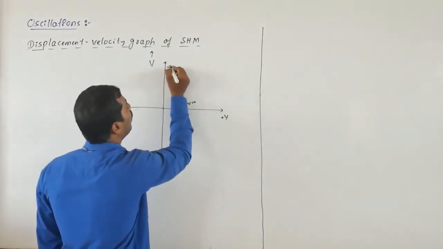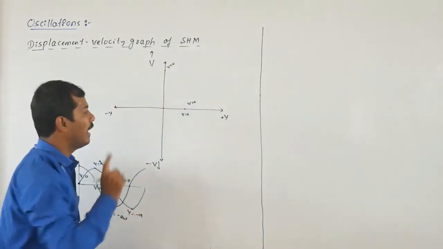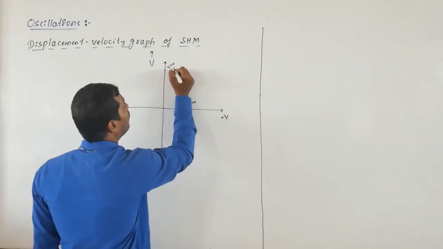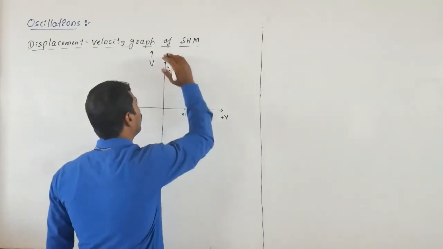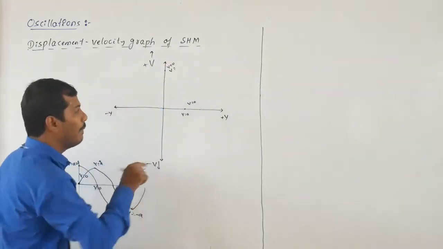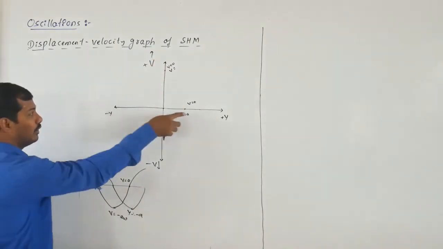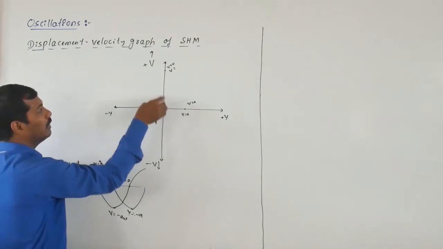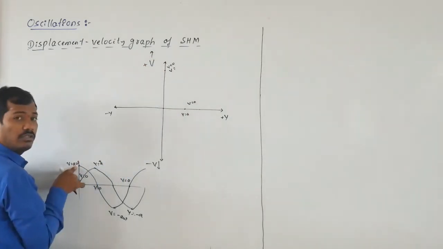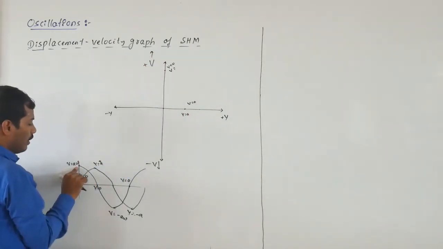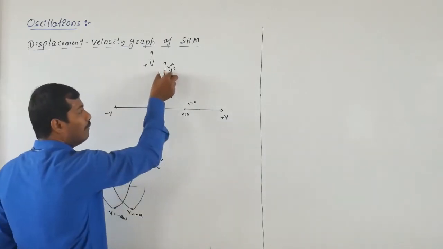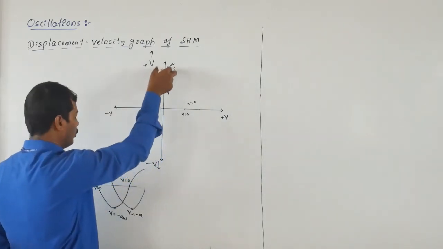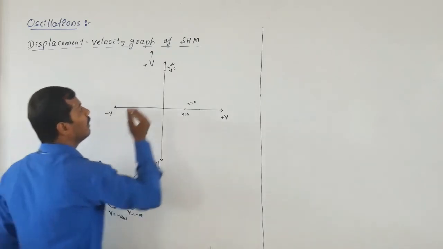At this position, y is 0, and v is maximum, maximum positive, at the mean position. This is the mean position of the y-axis, that's why it is a mean position. It is maximum.